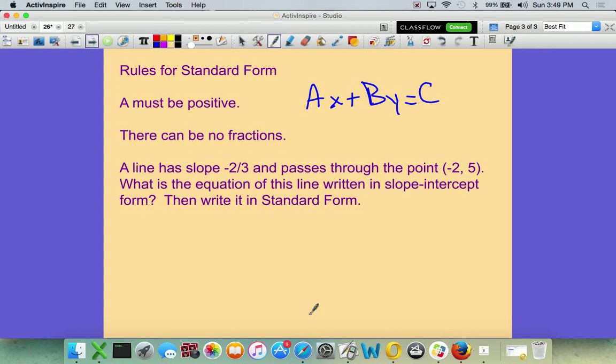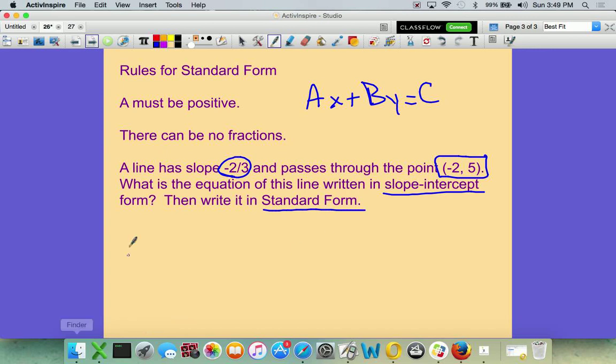So when we do this problem here, we see that we have a slope of -2/3, and it passes through the point (-2, 5). It asks, what is the equation of this line written in slope-intercept form first? So let's do that, but then we also have to change it into standard form.